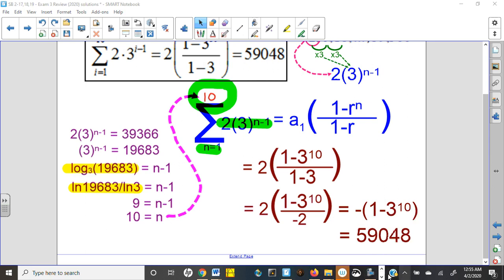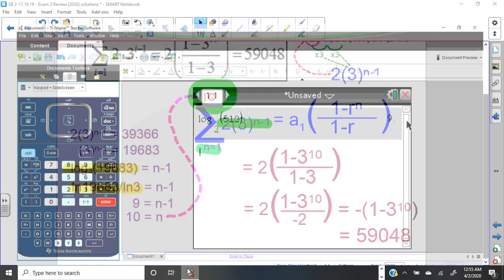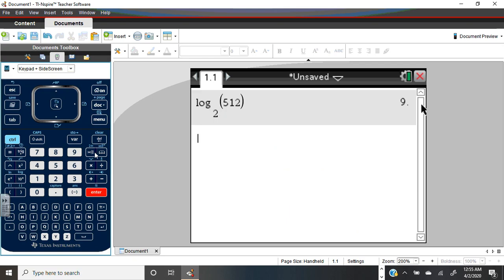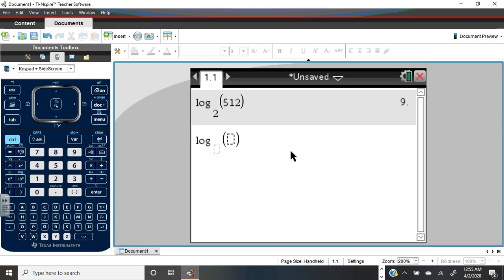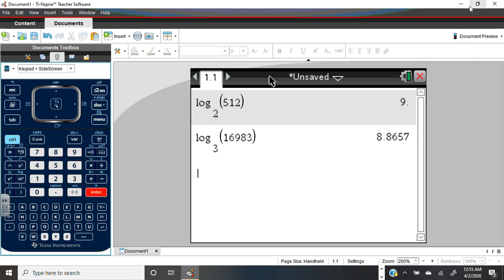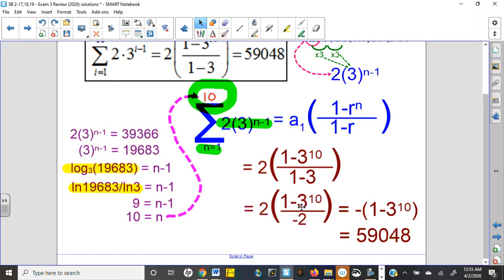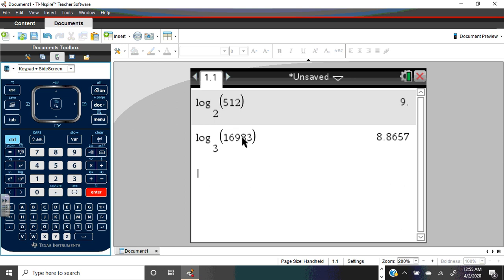Log base 3 of 16,983. Did I get that right? Nope, I didn't. 19,683. All right.